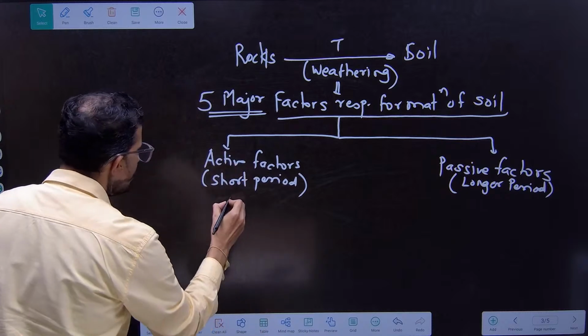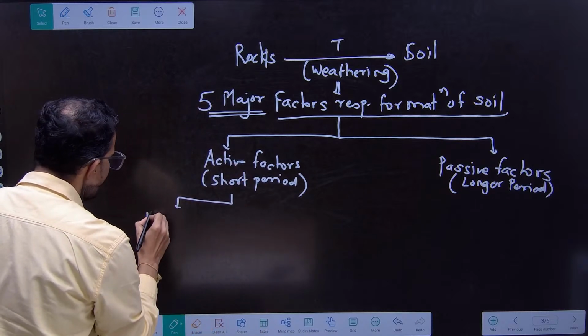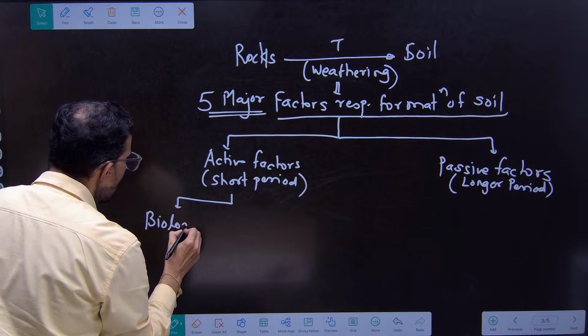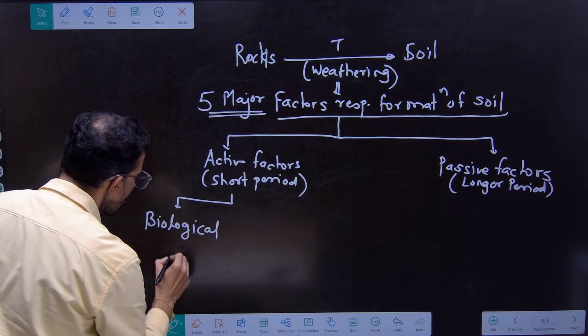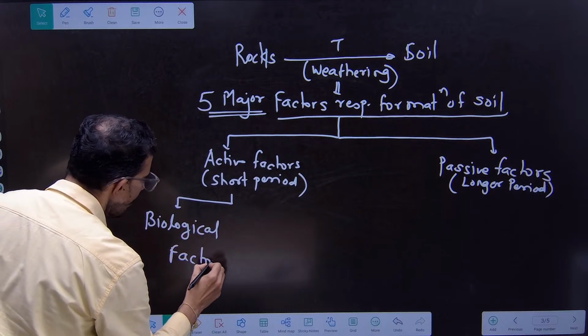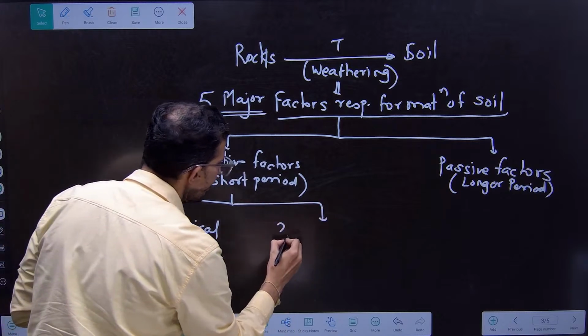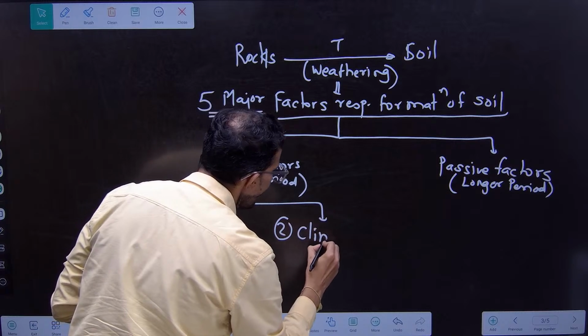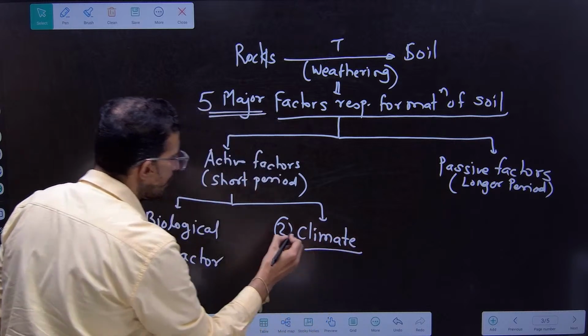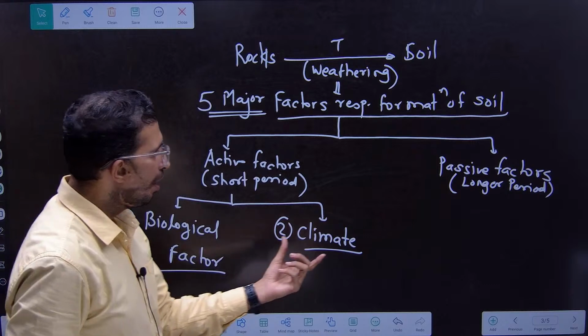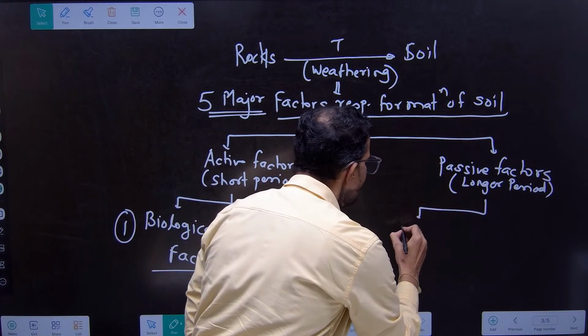There are, if you see, two factors, the biological factor, the first one biological and the second one is the climate. Then the third factor is the parent material.